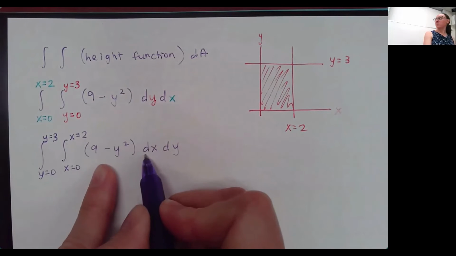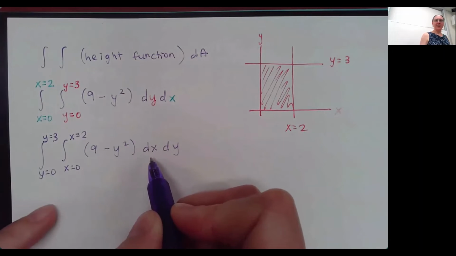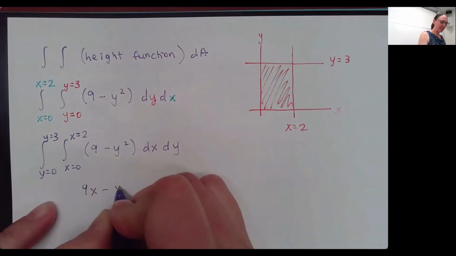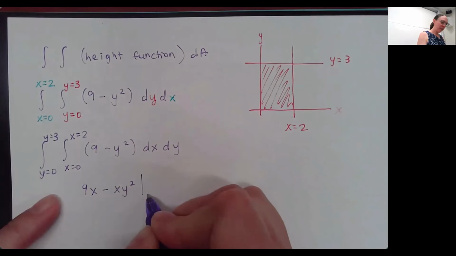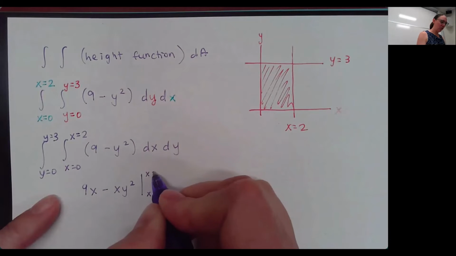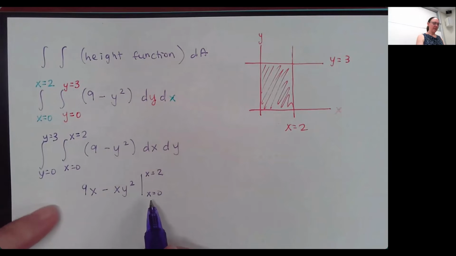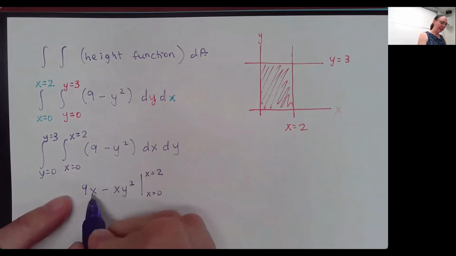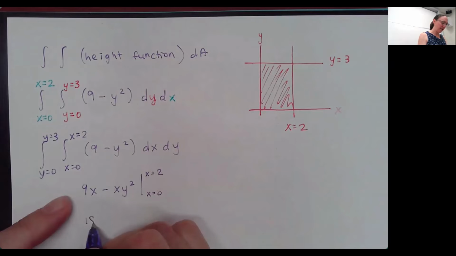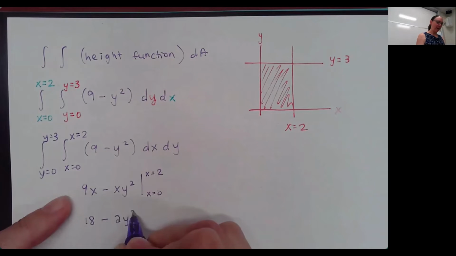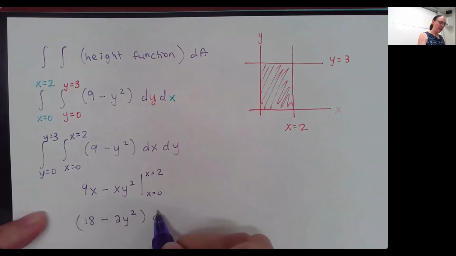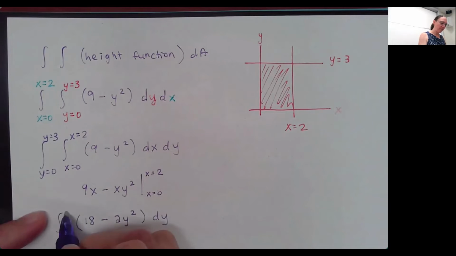So if I integrate with respect to x, then that first one is going to become 9x minus xy squared. And now I'm going to plug in 2, subtract off, plugging in 0. I like to put the letter there to remind myself I'm plugging this in for x, not for y. So if I plug in 2 for x, 9 times 2, I get 18 minus 2y squared. When I plug in 0, everything's going to go to 0, so I'm not going to worry about that part. And now I'm integrating y from 0 to 3.